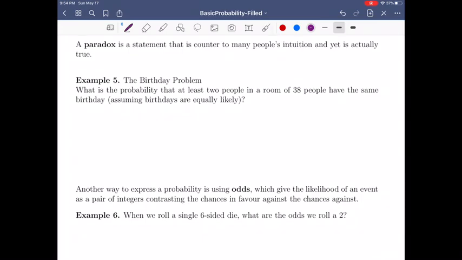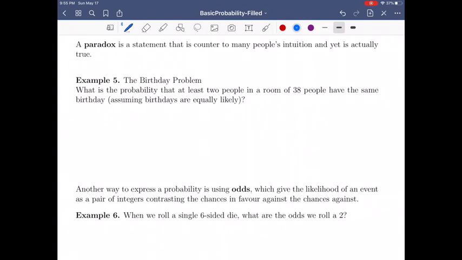So let's think about the problem here. What is the probability that at least 2 people in a room of 38 people have the same birthday? That's month and day, but not necessarily year. Here we're assuming birthdays are equally likely, which maybe isn't that valid of an assumption, since birthdays are more likely to congregate around certain times of the year.